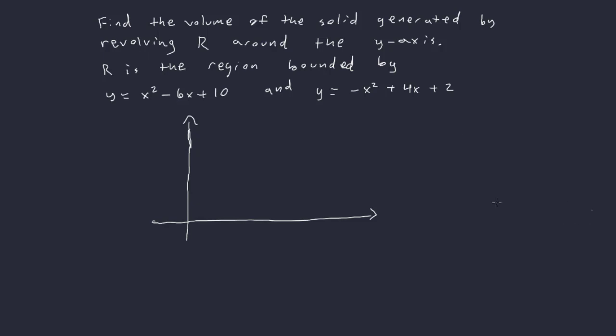So these parabolas, when you graph them, look something like this. The negative x squared one is the one that opens downward, while the one that opens upwards will be the positive x squared minus 6x plus 10.